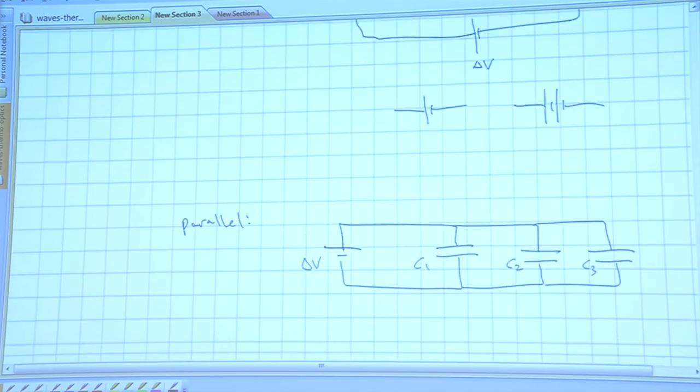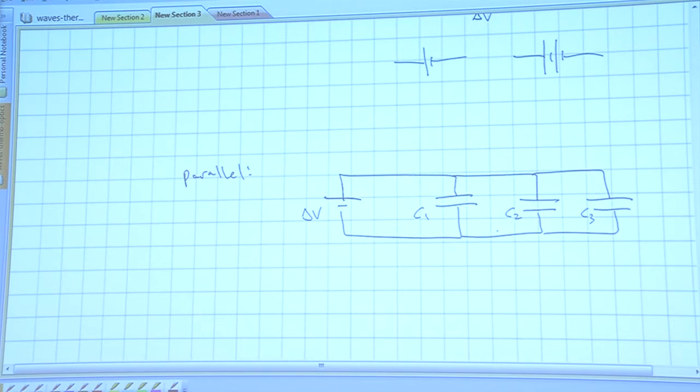what do you think is going to happen? Let's look at the parallel configuration first. We know something about capacitors. A parallel plate capacitor, how does the capacitance depend on the surface area of those plates? Right, because capacitance tells us how much charge it can store with the given voltage difference, with the given battery.